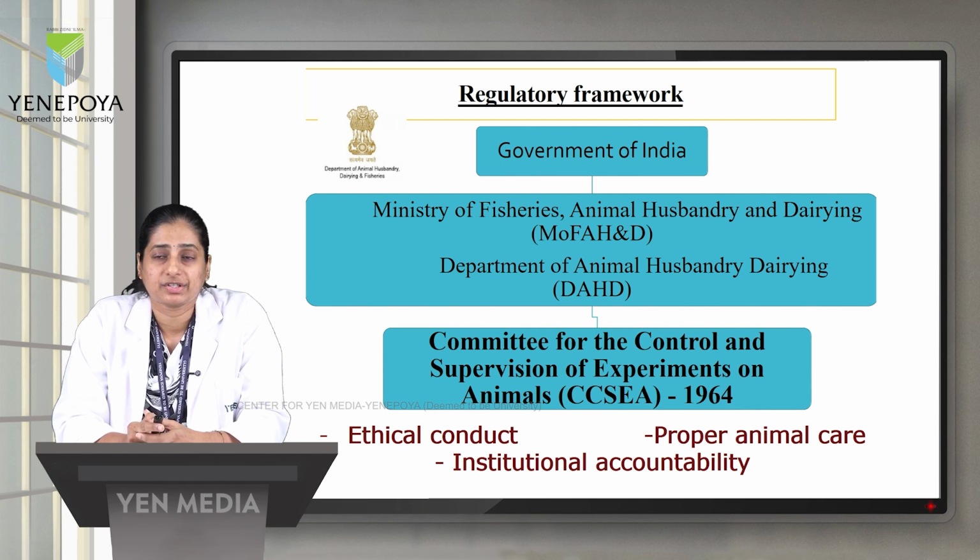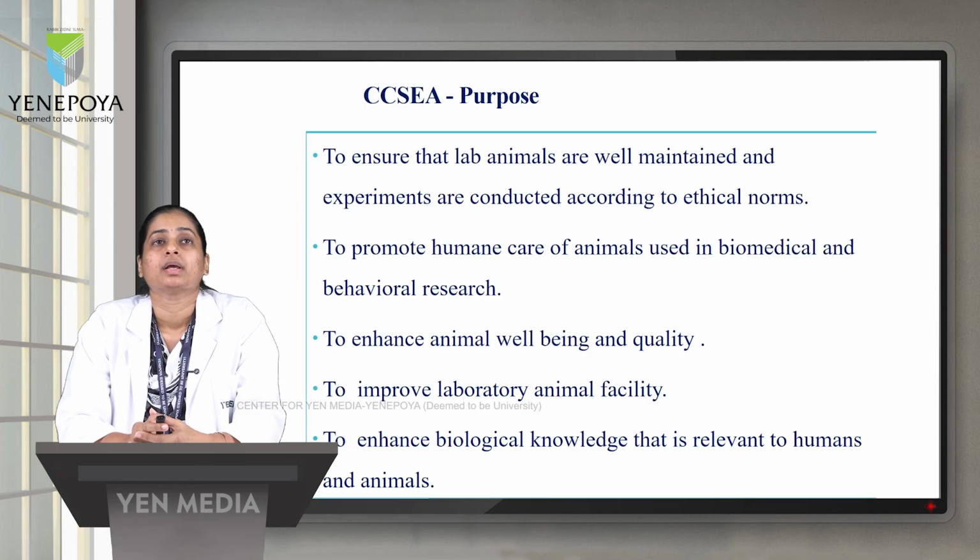The main purpose is to make sure that experiments are conducted ethically, with proper animal care and institutional accountability. Any institution that doesn't follow the guidelines of CCSEA can be punished by CCSEA. Legal implications can happen.